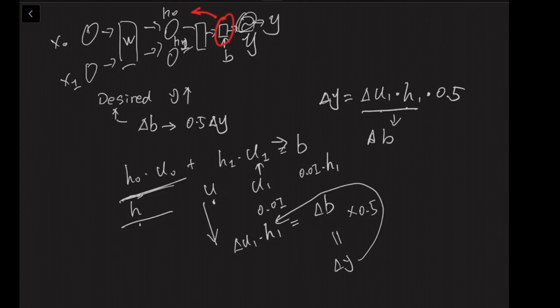And correspondingly, we will see u1 will affect y by h1 times 0.5. We'd rather not explicitly write 0.5 here. Instead, we will see it is h1 times how b affects the final value y.